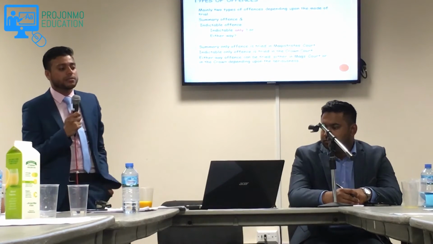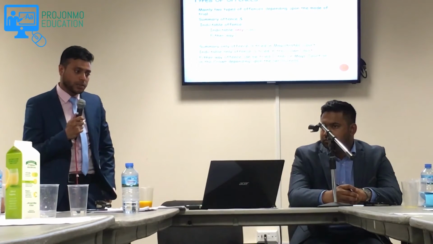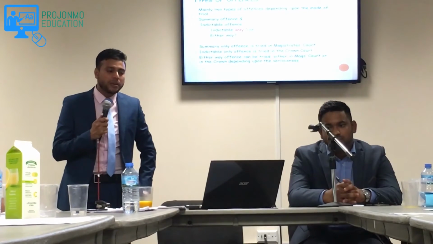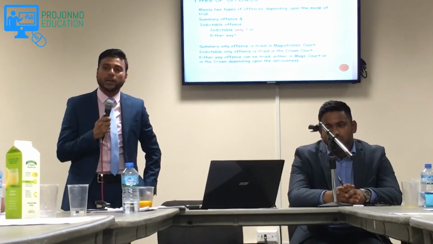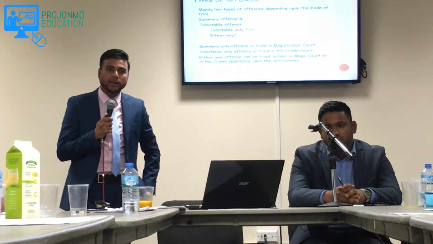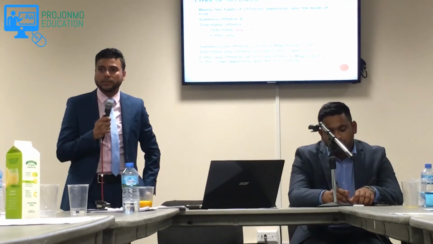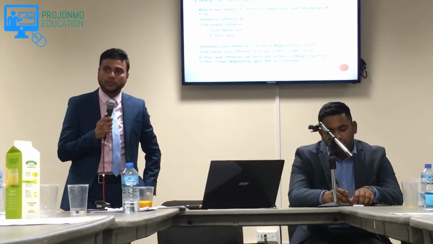Types of offences. This is a very important aspect of this course. There are mainly 2 types of offences depending upon the mode of trial, meaning depending upon where the case is being actually dealt with, the venue of this trial.